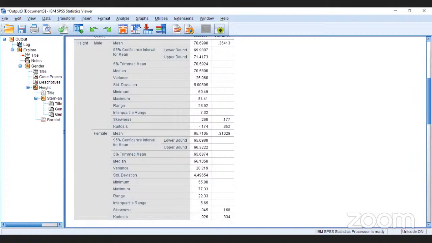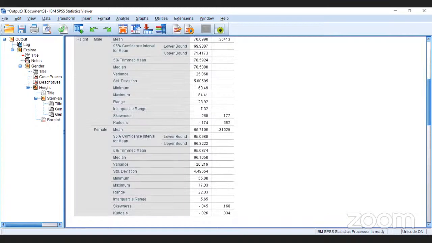Are you sure? Why do you think that's men? Okay. No, we'll verify that.